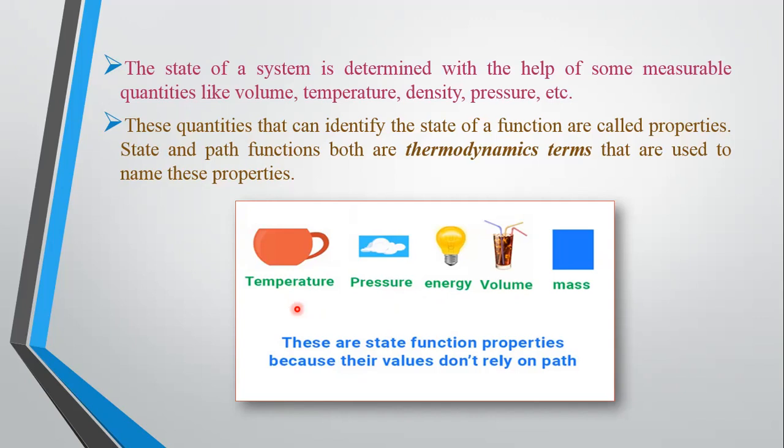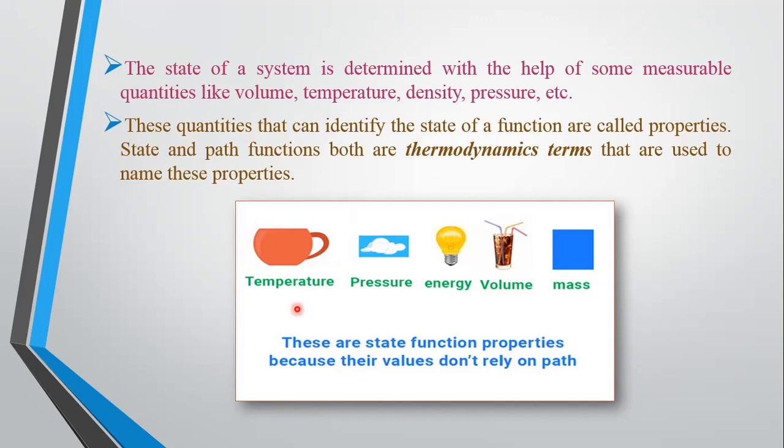We are concerned with the initial temperature and the final temperature. So pressure, temperature, volume, mass, energy are said to be the fundamental properties of a system, which specify the state of a thermodynamic system.